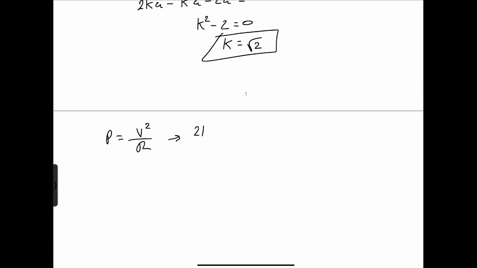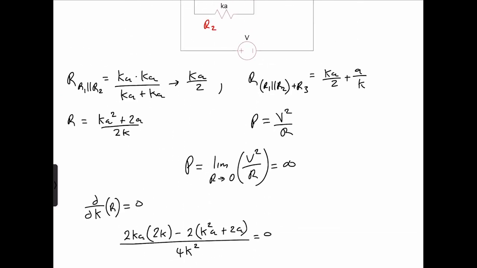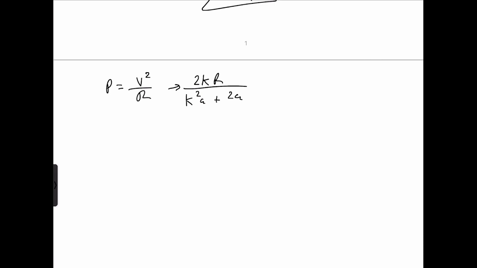For totality, it's going to be K squared A plus 2A, and then we can replace K by the square root of 2. So K squared, that would be 2A plus 2A.